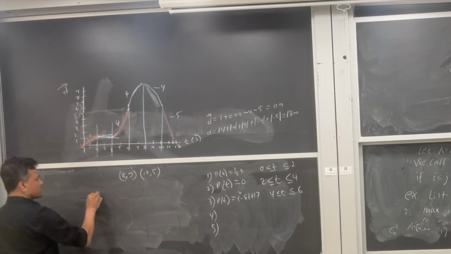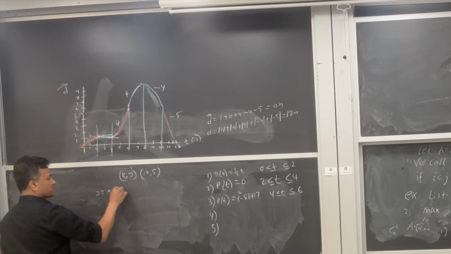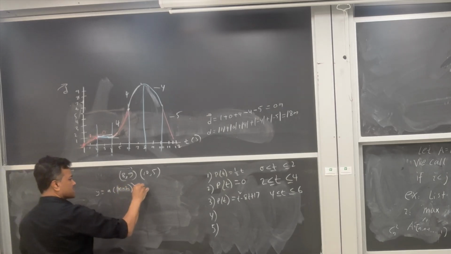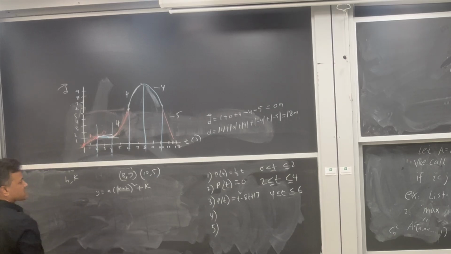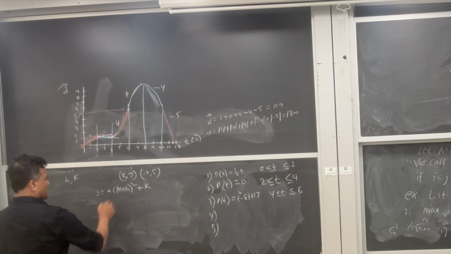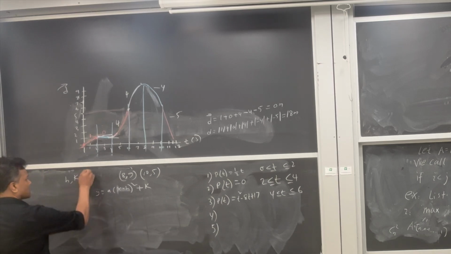What is the vertex? y is equal to a times x minus h squared plus k. So the vertex is h comma k. The vertex is 8 comma 9, so h is 8, k is 9.